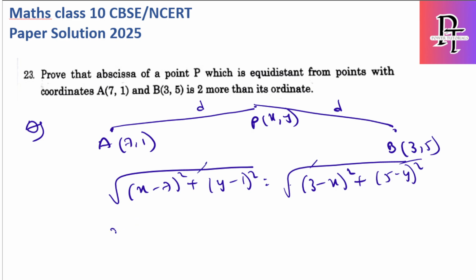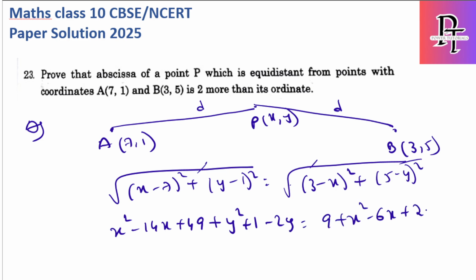I'll get x square minus 14x plus 49 plus y square plus 1 minus 2y is equal to 9 plus x square minus 6x plus 25 plus y square minus 10y. Okay, so whatever is there, let's cancel them: y square, x square, x square, y square.